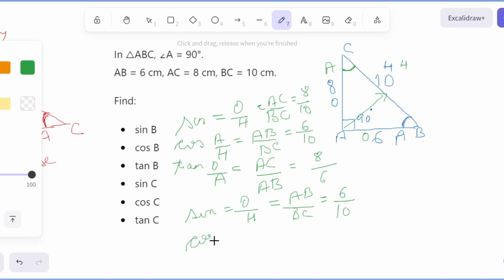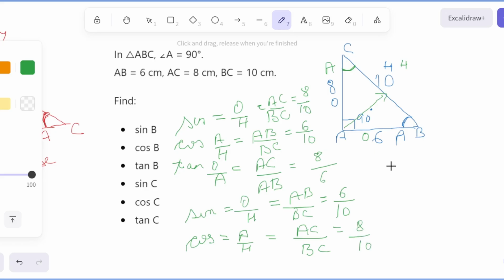Similarly, cos C will also come out different. It's adjacent upon hypotenuse, but this time adjacent will be different. For cos C, adjacent is AC, so AC upon BC, hypotenuse the same, which comes out to be 8 upon 10.